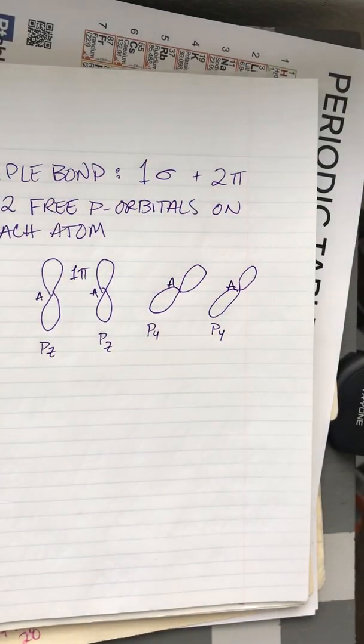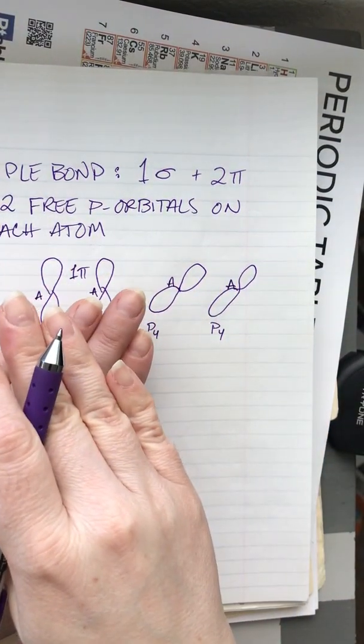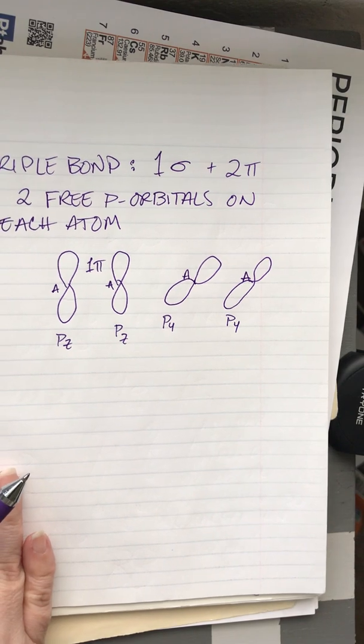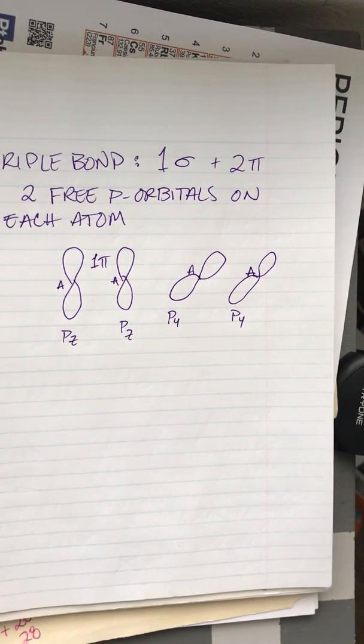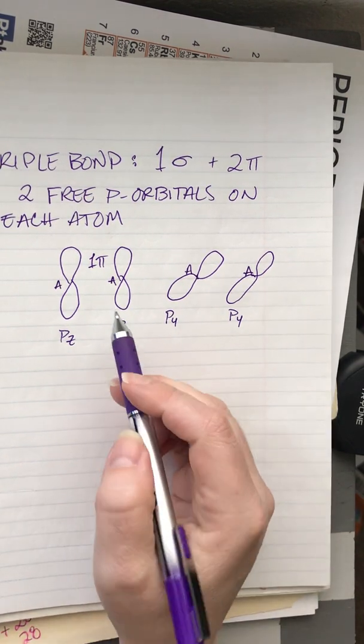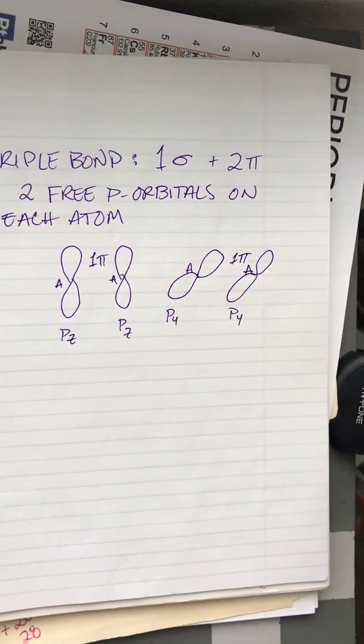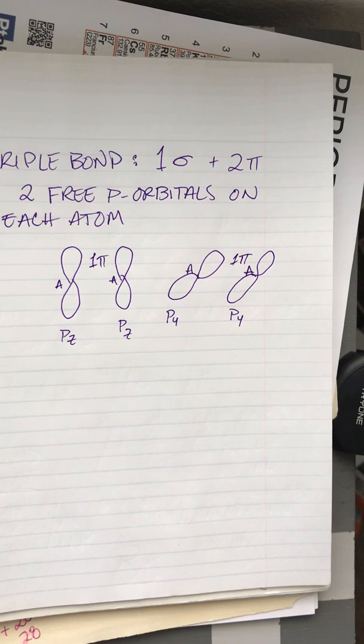But can you picture that these are superimposed on top of each other? Yeah, I was about to ask that. If I draw them together, it just gets really ugly. I'll show you a pretty picture in a second. I just want to get through the basics first. So this gives you your first pi bond, and this will give you your other pi bond.